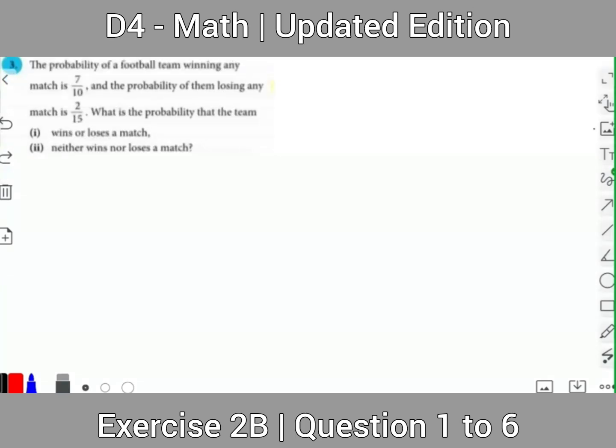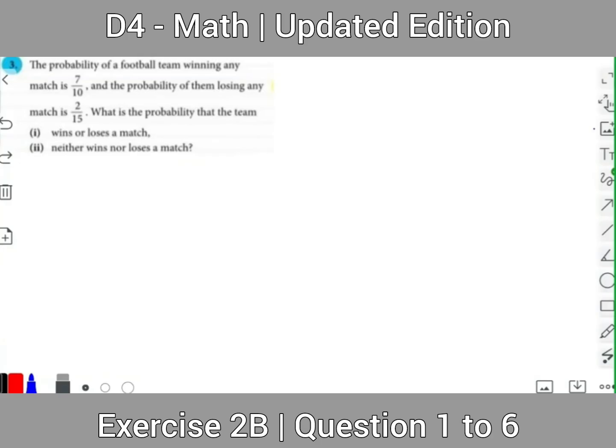In question 3, the probability of a football team winning any match is 7 over 10, and the probability of them losing any match is 2 over 15. What is the probability that the team in part 1 wins or loses a match?